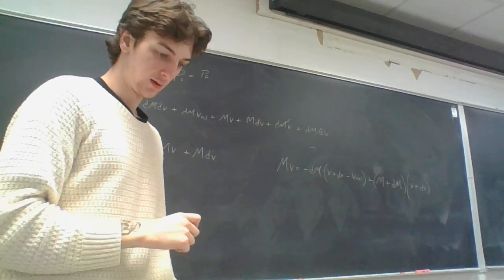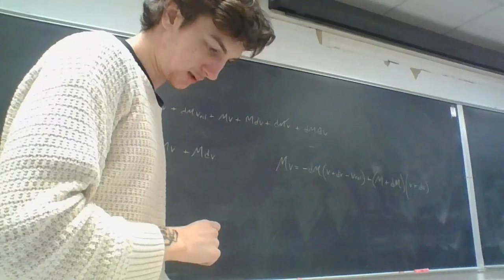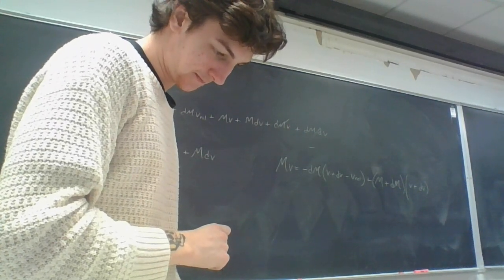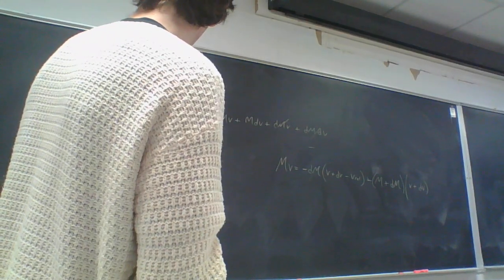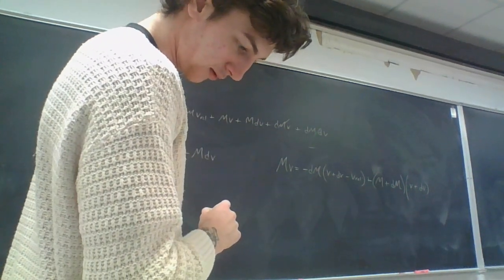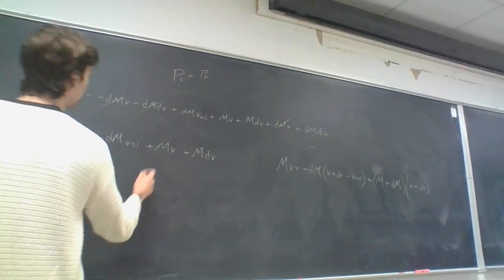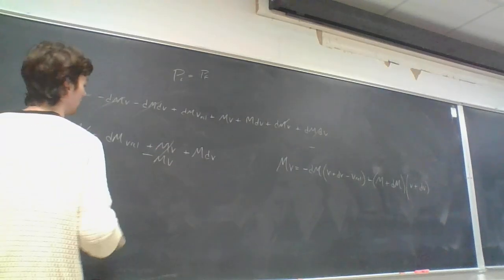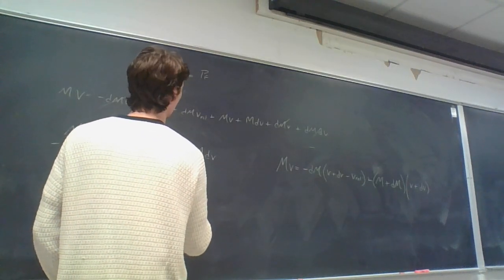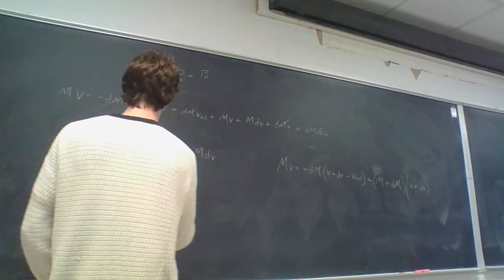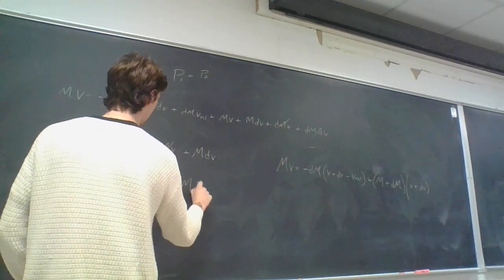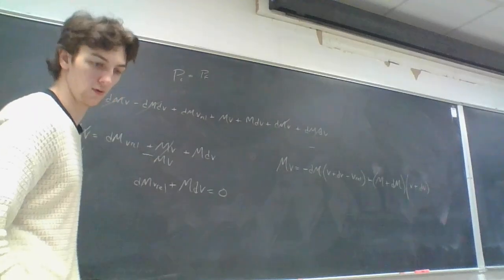And then we'll just see one last step. We'll subtract this over, and we'll get dm v relative plus M dv equals 0.